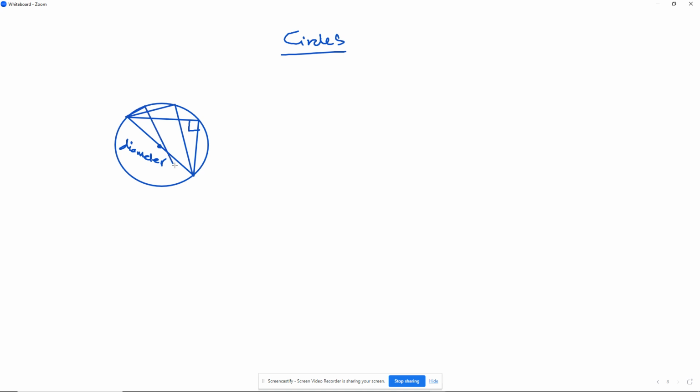Or even if it's that far, that angle will also be 90. So we can see that each of these angles will always be 90, provided that we have a diameter. This is known as angles in a semicircle, and it basically implies that that's equal to 90 degrees.